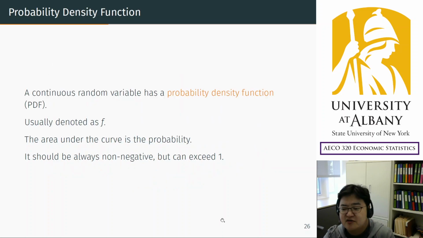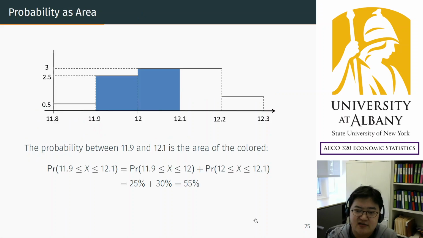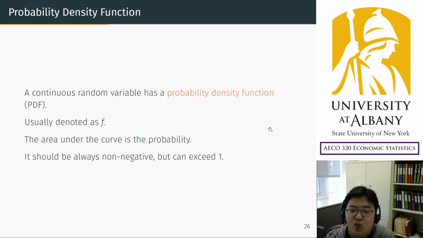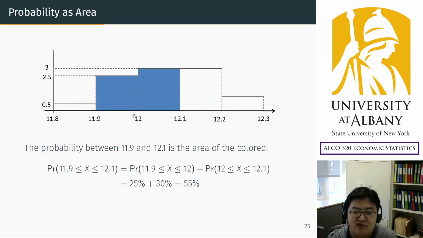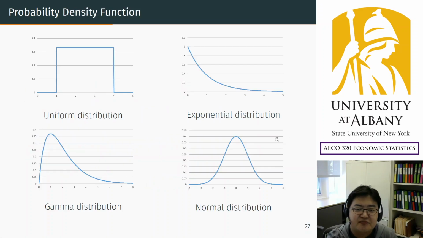This is just a numerical example to help you understand the idea. But of course, the actual PDF, the actual graph, is not like this. The actual graph will be something like this, more smooth, and maybe you are more familiar with this kind of graph.